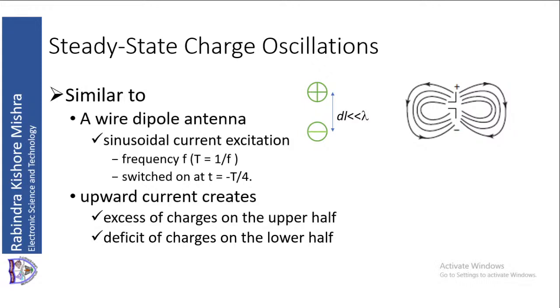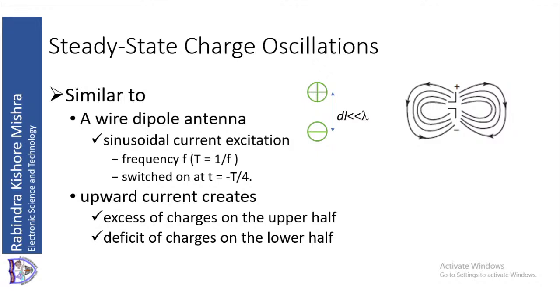Now, I assume that this current source, the current on the wire, is switched on when small t is equal to minus capital T by 4, which means at the time instance minus 1/4 of the time period.